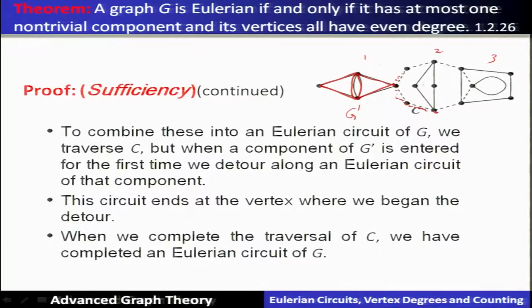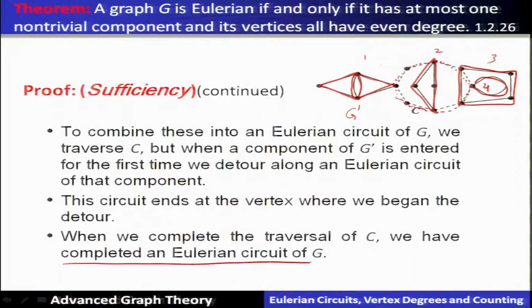When we enter the second component for the first time, we detour and come back to the same point, and when we enter the third component for the first time, we detour, and so on. When we enter the fourth component, we come back to the same point, detour, and this component is already visited, so we come back again to the same point from where we started.